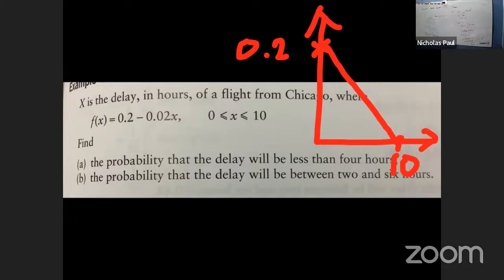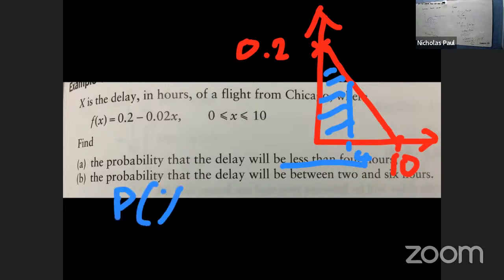Now they want the probability less than 4 hours. So you're looking for where 4 is, coming up here, and you're finding the area. Are you okay with that line, Jaden? So they want the probability of x less than 4.